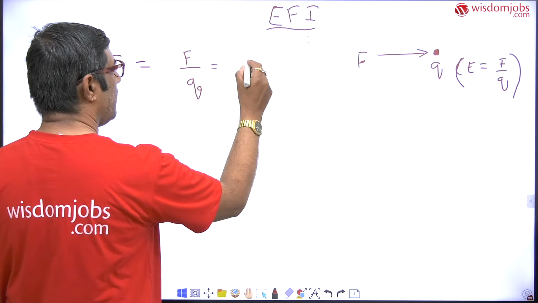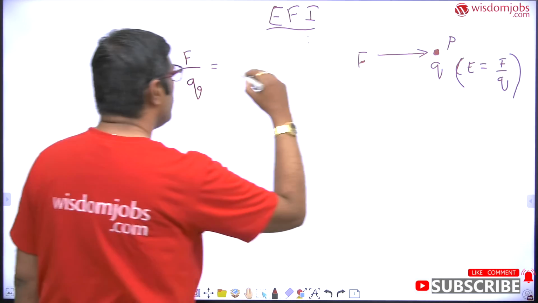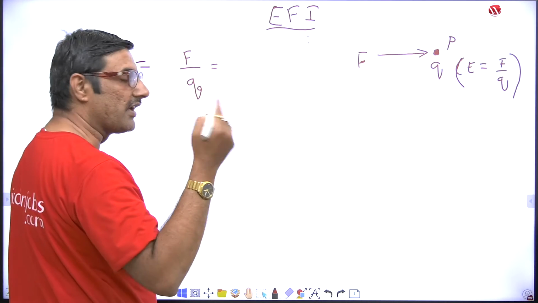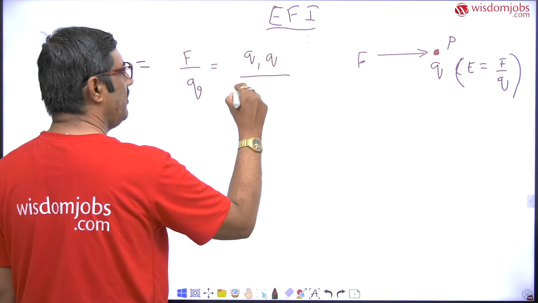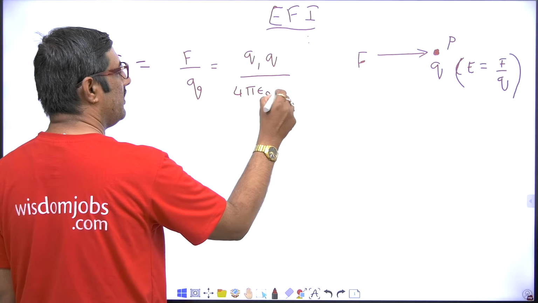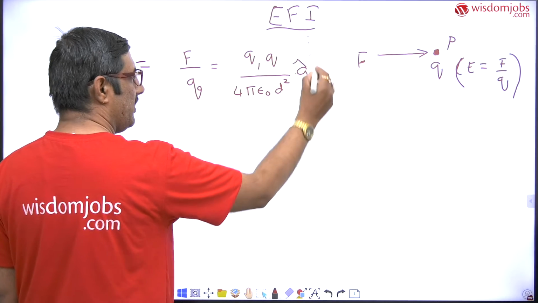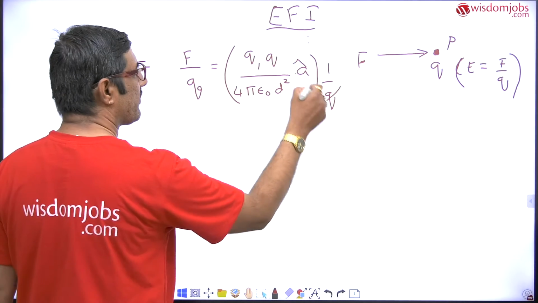For example, let me call the test charge at P as Q. What is the total force acting on Q due to another charge Q1? It is Q1 upon 4 pi epsilon naught d square into a cap, divided by Q. So, Q and Q get cancelled.